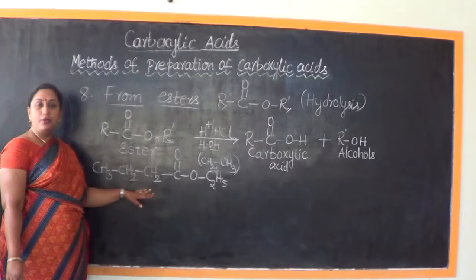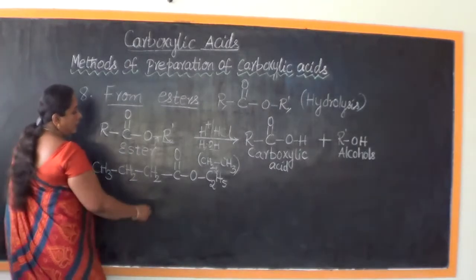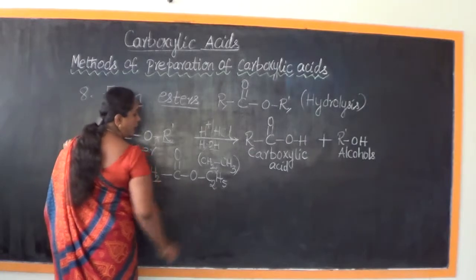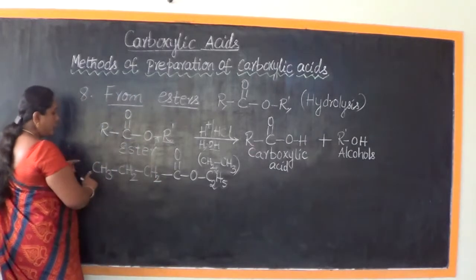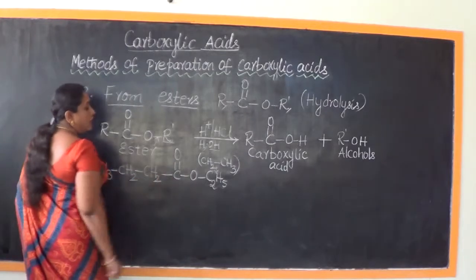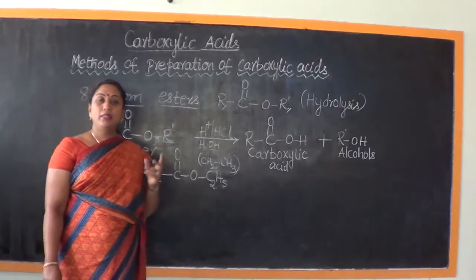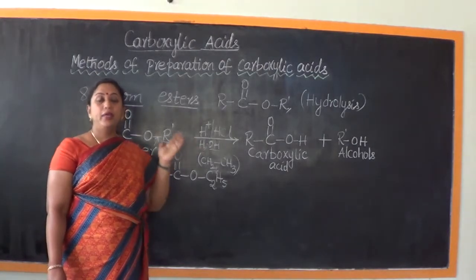Now let us try to name this particular ester. What is the name of this ester? We see an ethyl group attached, and otherwise how many carbon atoms are there? 1, 2, 3, 4. And for an ester, it should always end with the suffix 'ate'.